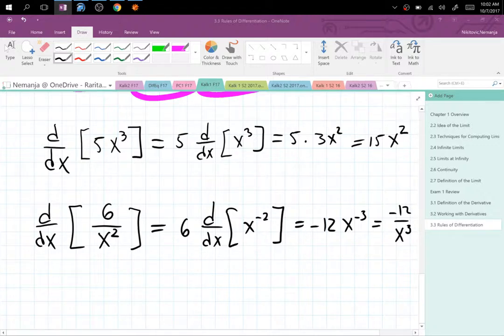Meditate on this example. Right? So 6, and then we have x to the negative 2. Negative 2 drops down. Negative 2 times 6 is negative 12. And negative 2 minus 1 is negative 3.